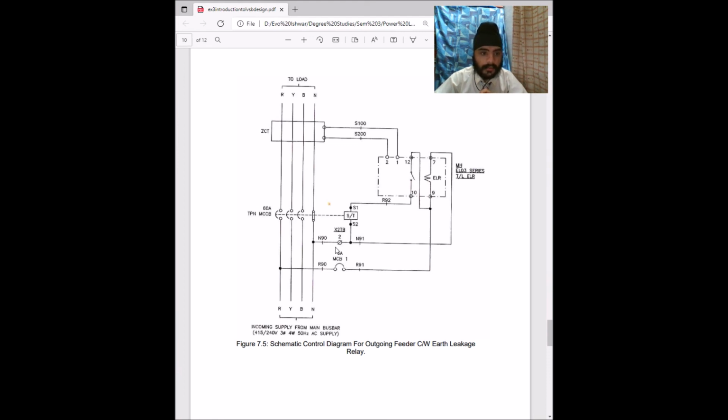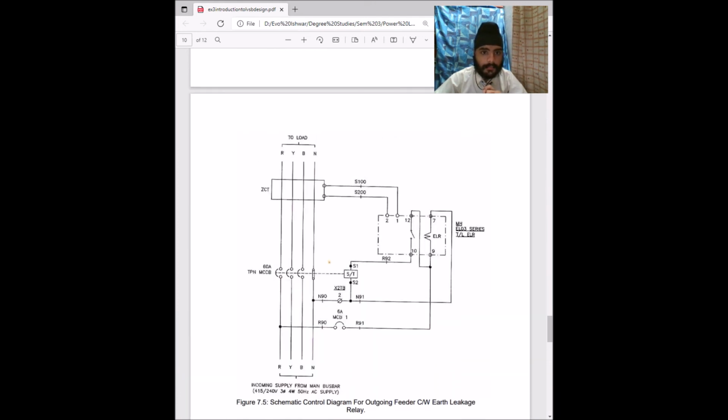This point here and here are the input. This XTB means terminal block. When the shunt trip coil is energized, this will cut off the supply because of the detection of fault. This connection here going over here is the auxiliary supply. That's all from me. Thank you.